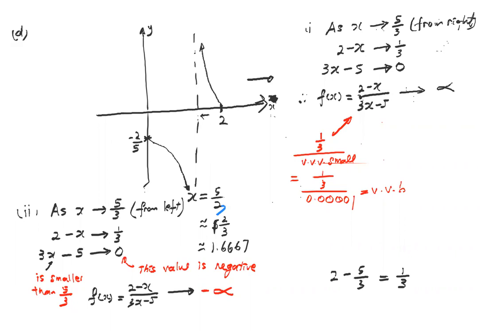Okay, we can do this in such a way. I'm going to teach you how to study. I'm going to change the function so that you can understand it better. So everyone have a look at this. So I'm going to change the function f(x) is equal to (2 minus x) divided by (3x minus 5).